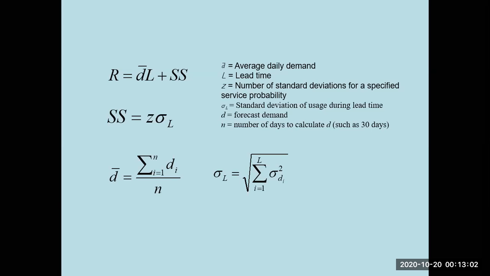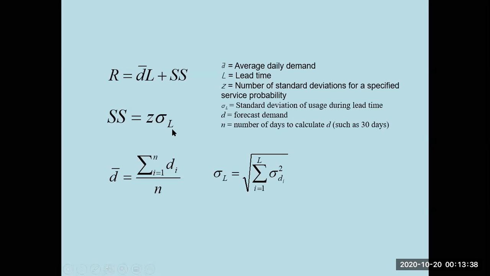So the reorder point equals the basic model's reorder point, daily demand times lead time, plus safety stock. Safety stock equals Z score times standard deviation during lead time. Z is about service ability. I will tell you about that later.